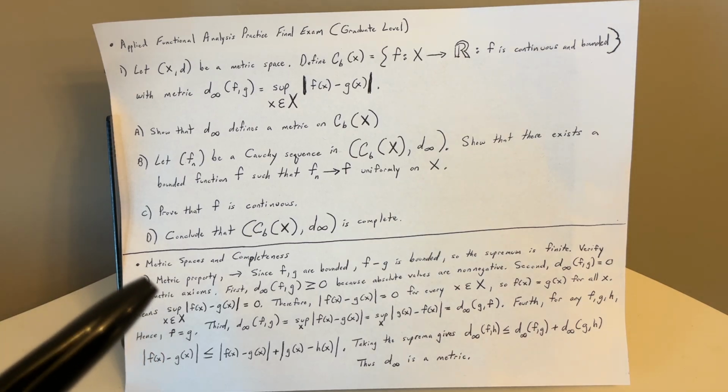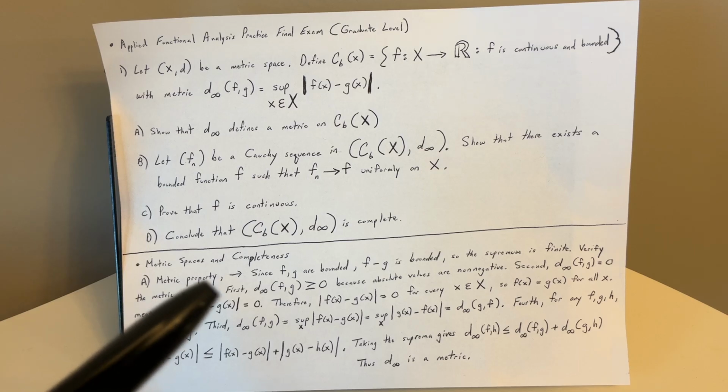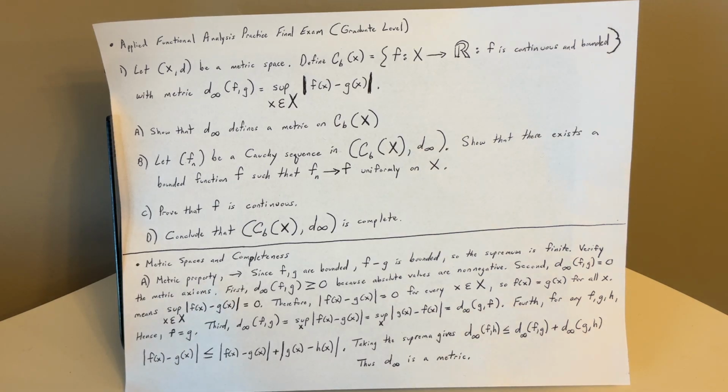So for part A, we're going to employ the metric property, and since f, g are bounded, f minus g is bounded, so the supremum is finite. So we're going to verify the metric axioms. First, d_∞(f, g) is greater than or equal to 0 because absolute values are non-negative.